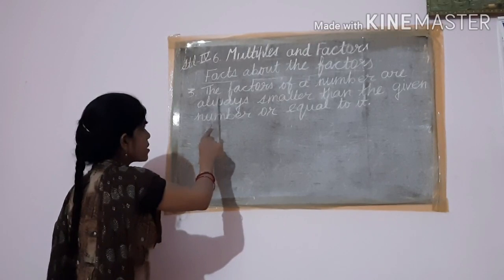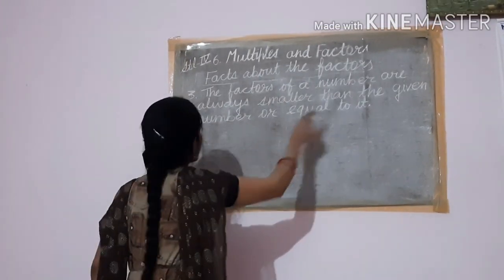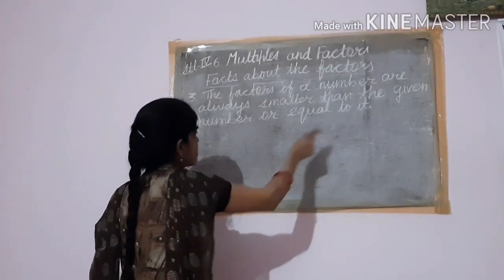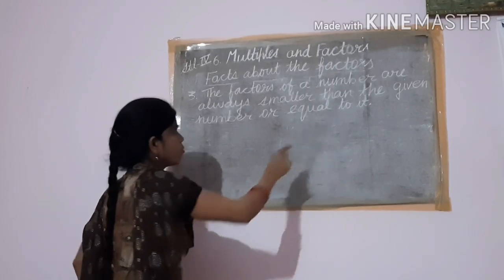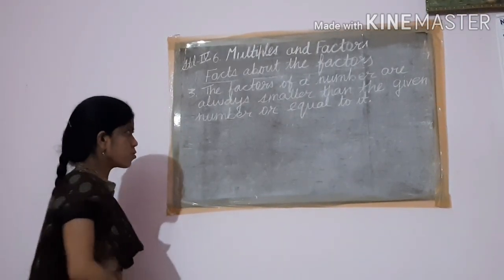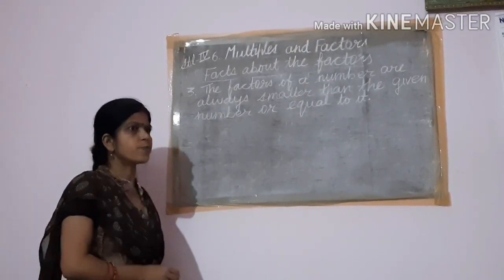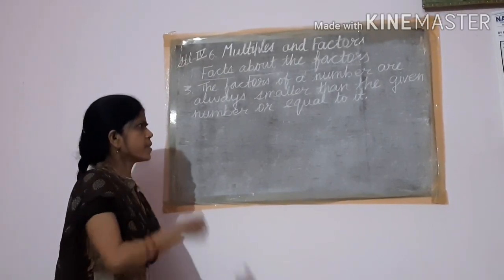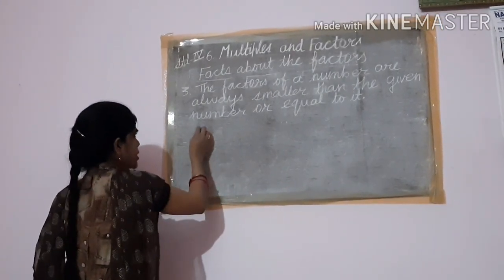Third fact is the factors of a number are always smaller than the given number or equal to it. As you have already seen, I am showing you again the factors of 24 just by reading the table. See, 1, 24 times.